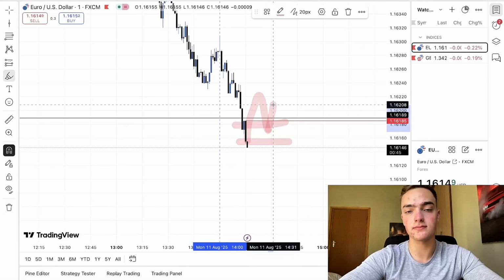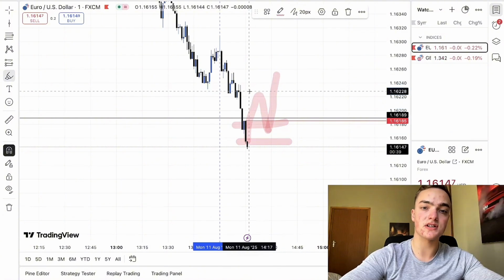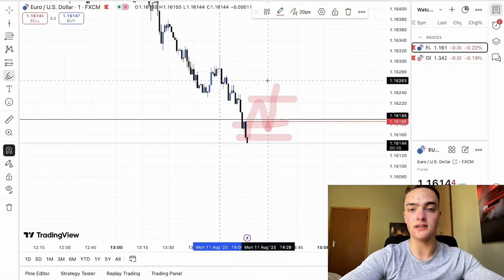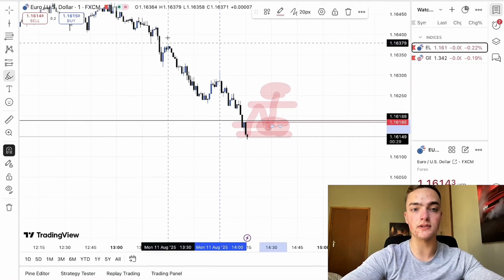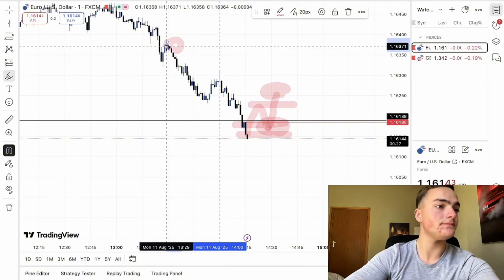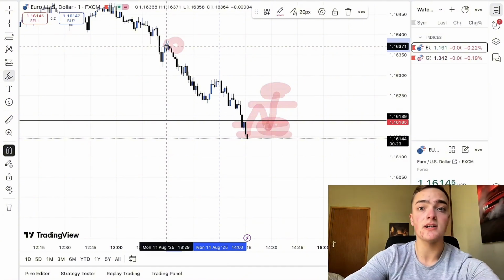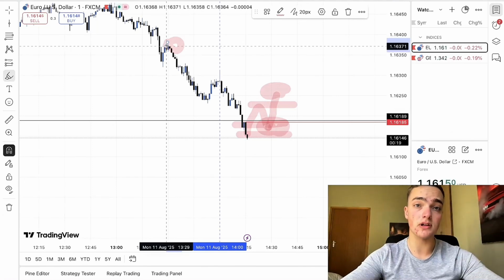I'm not taking it. I want a second or a third candle to close above this. Then I will enter here. I put my stop loss over here and my take profit will be between 1.5 and 2 ratio, and I will full close. I'll go over those rules now.